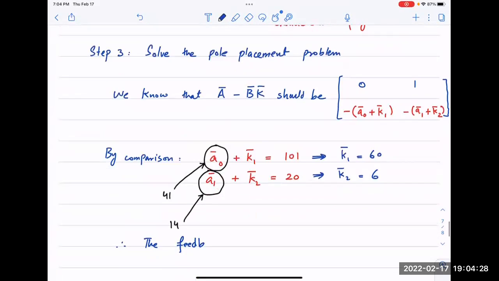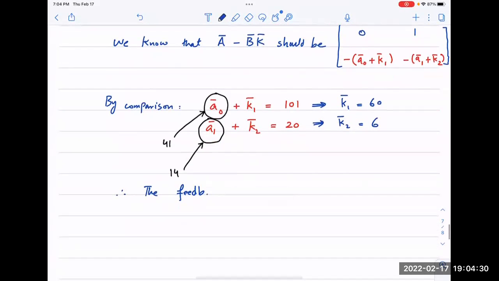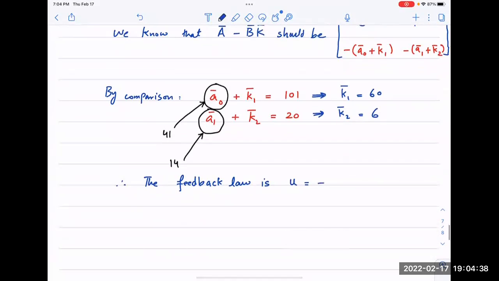So the feedback law is u equals minus K bar x bar, which is minus 60, 6 times x1 bar, x2 bar.